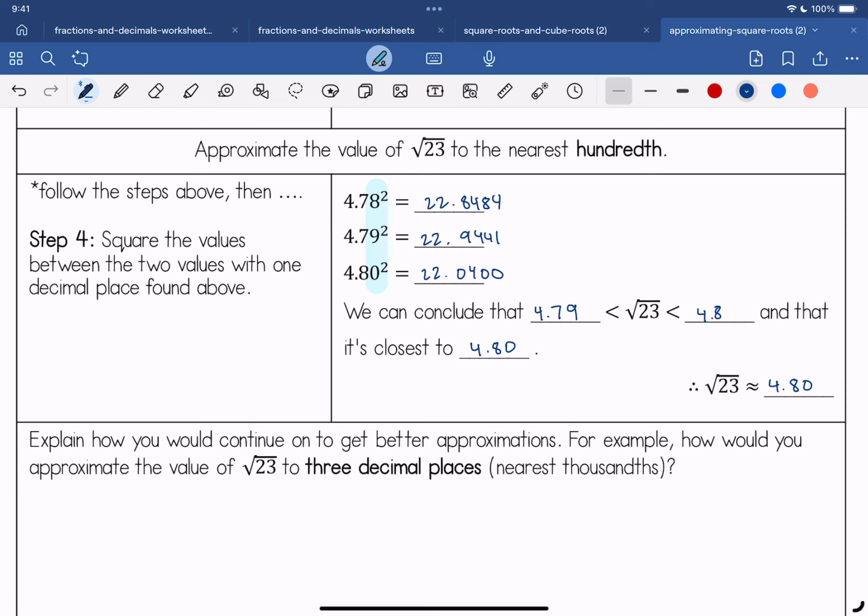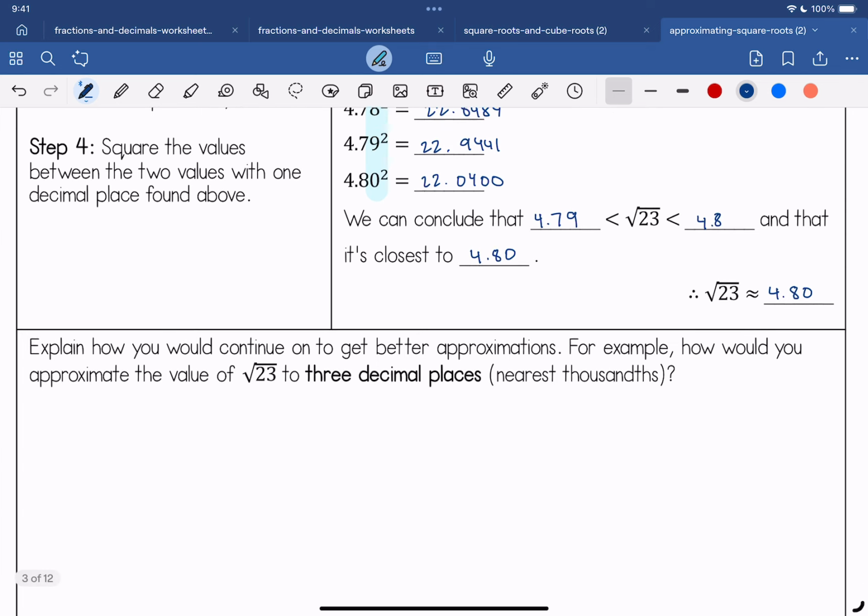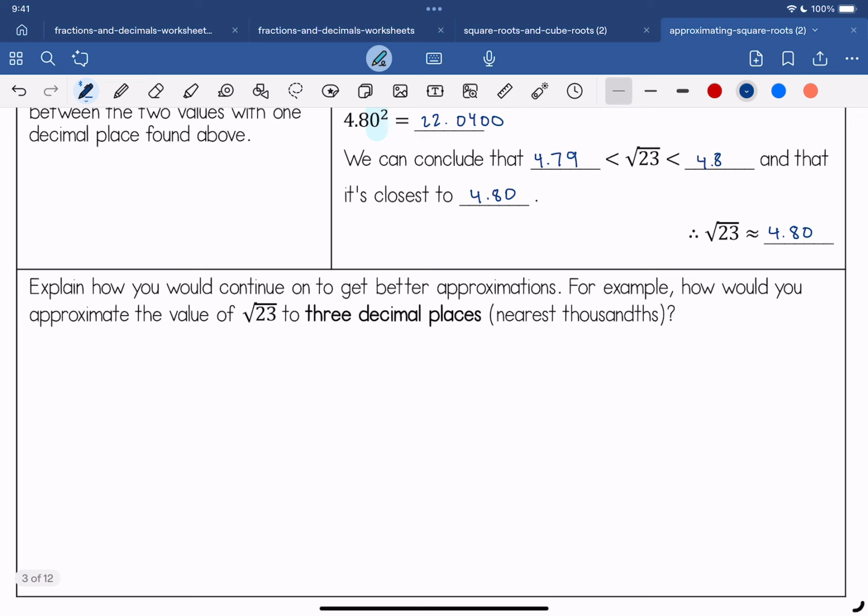Explain how you would continue on to get better approximations. For example, how would you approximate the value of the square root of 23 to 3 decimal places, to the nearest thousandth? Here's one way you can answer it: I would continue on by squaring values with 3 decimal places between 4.79 and 4.8.